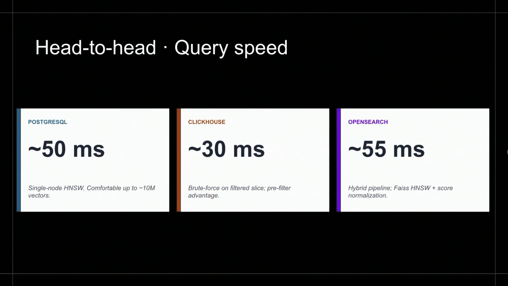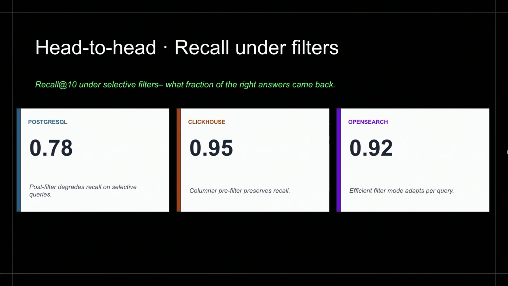Now the next thing I measured was query speed. ClickHouse did better, returning my results within 30 milliseconds, and PostgreSQL and OpenSearch both took around 55 milliseconds. Depending on the use case, or the algorithm that you're using, the query speed differs.